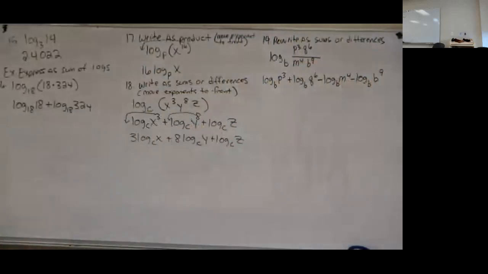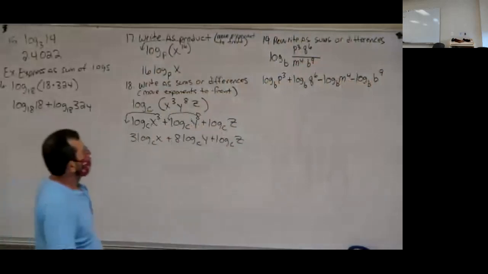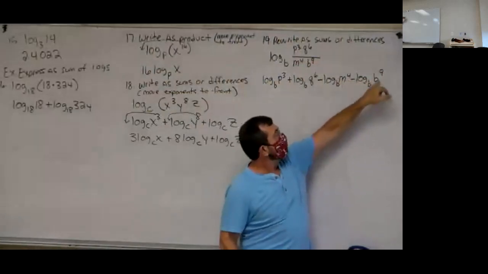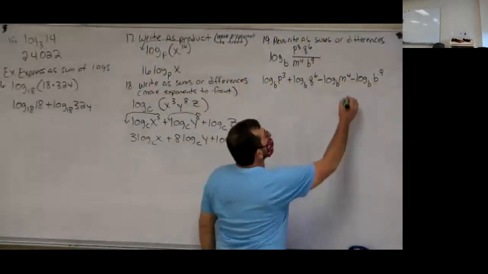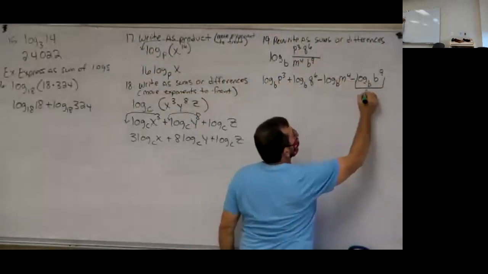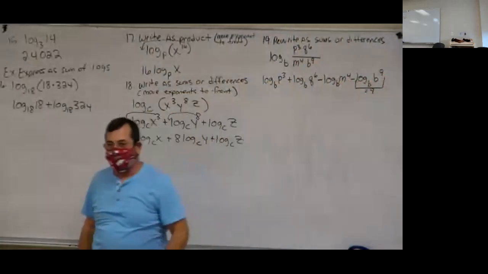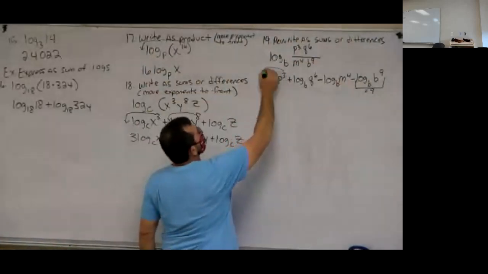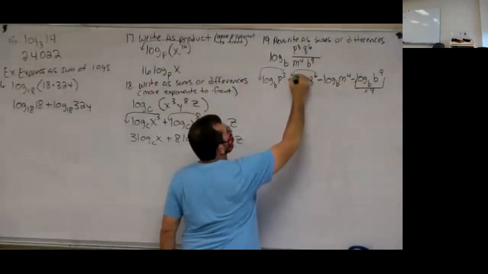So 3 of them I'm going to move exponents to the front, and 1 of them I'm not. You'll see this log base B of B to the 9th at the end. This whole term right here equals 9. Any time the base matches the result to an exponent, the answer is going to be the exponent. These other 3, I'm going to move my exponents to the front.